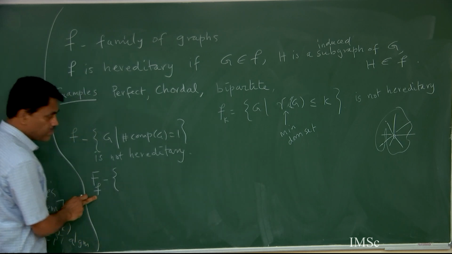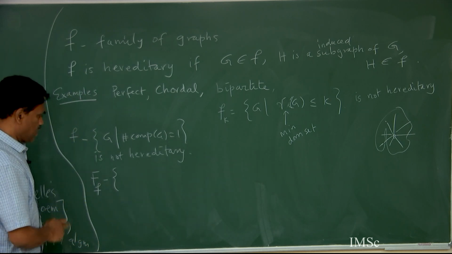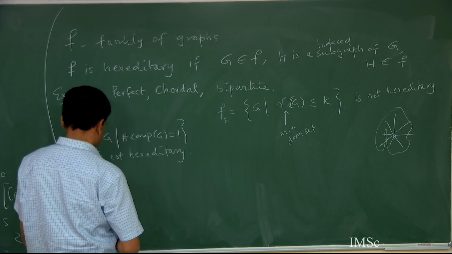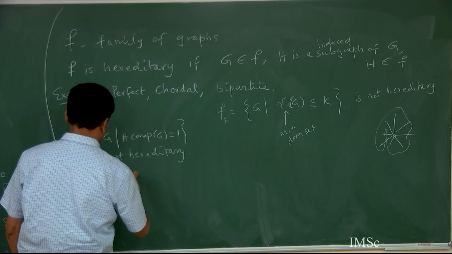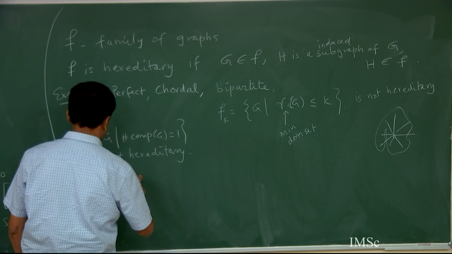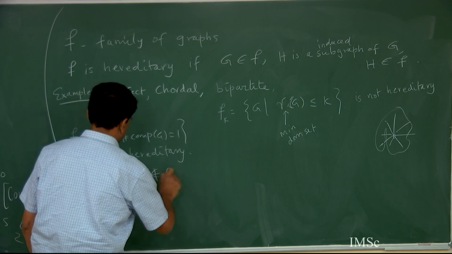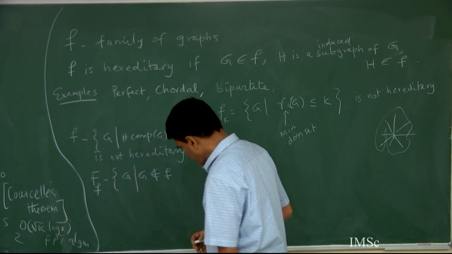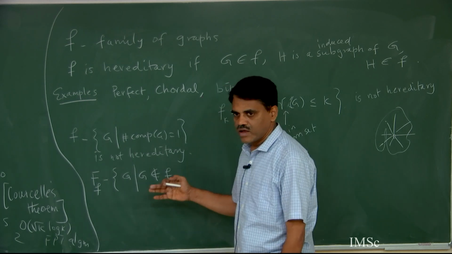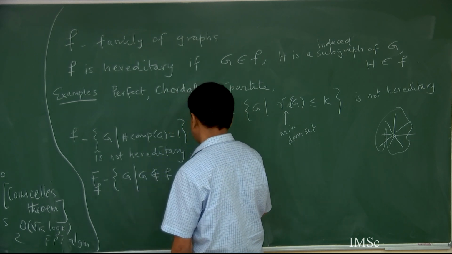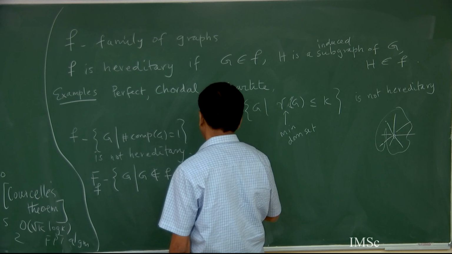F is a family of hereditary graphs, and the forbidden set is the set of G such that G is not in F, and G is minimal, in the sense that every subgraph of G is in F.